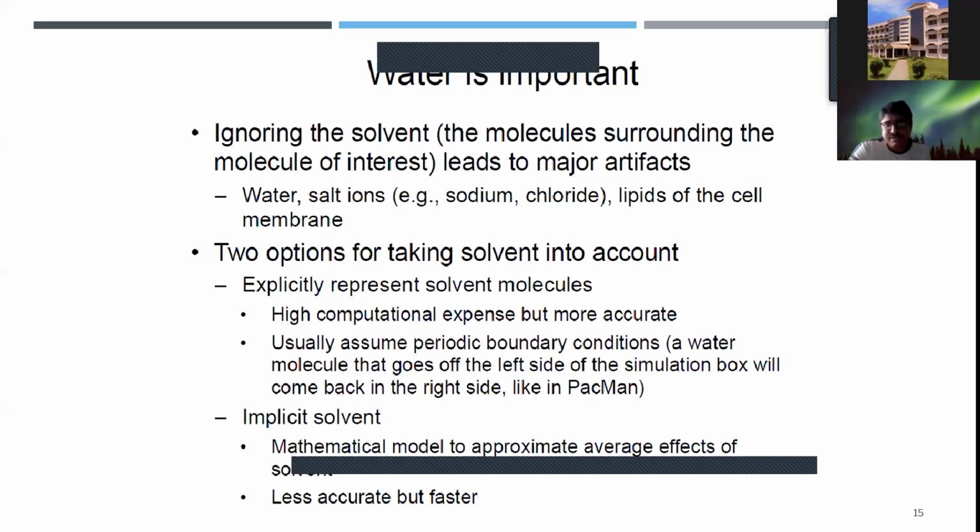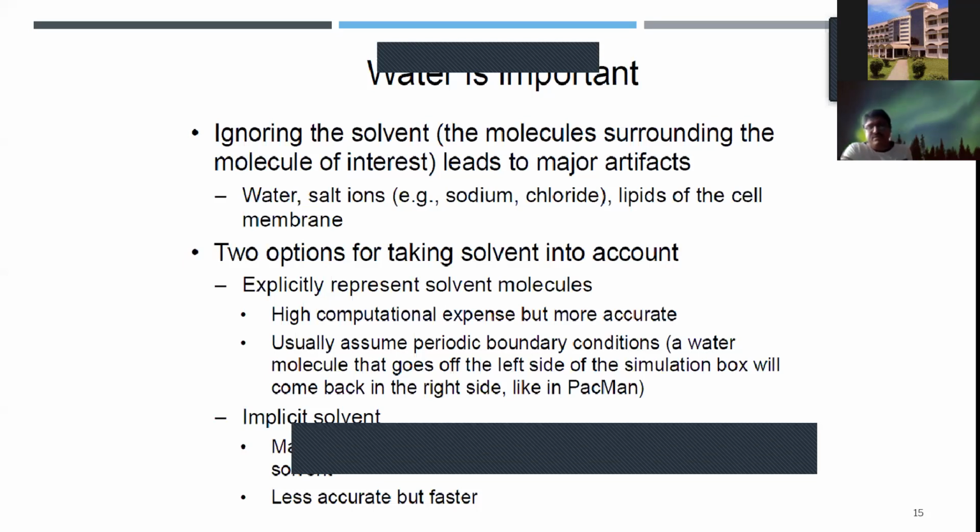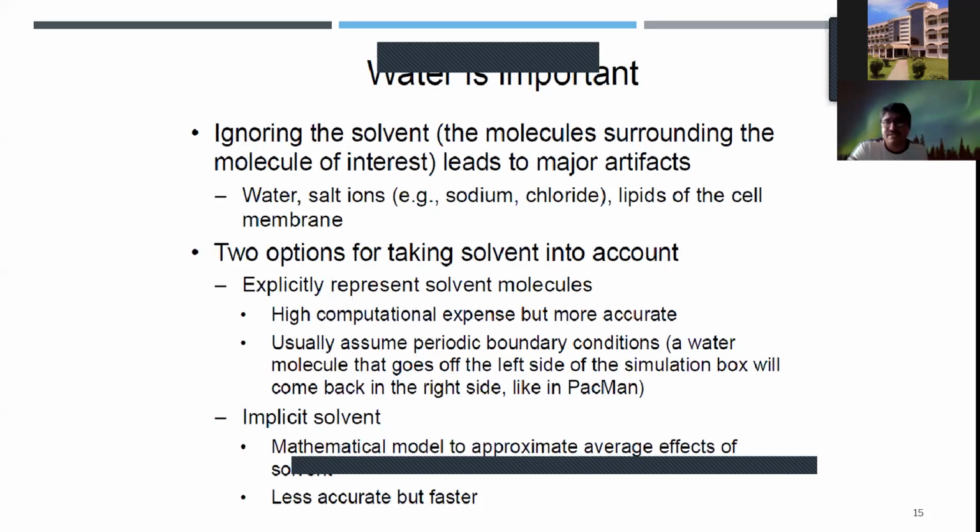In the explicit condition, we have water models like TIP3P or TIP4P, or SPC water models. But the water molecules are not large in size; we need to take a lot of water molecules to immerse one protein, and that creates a very big system.